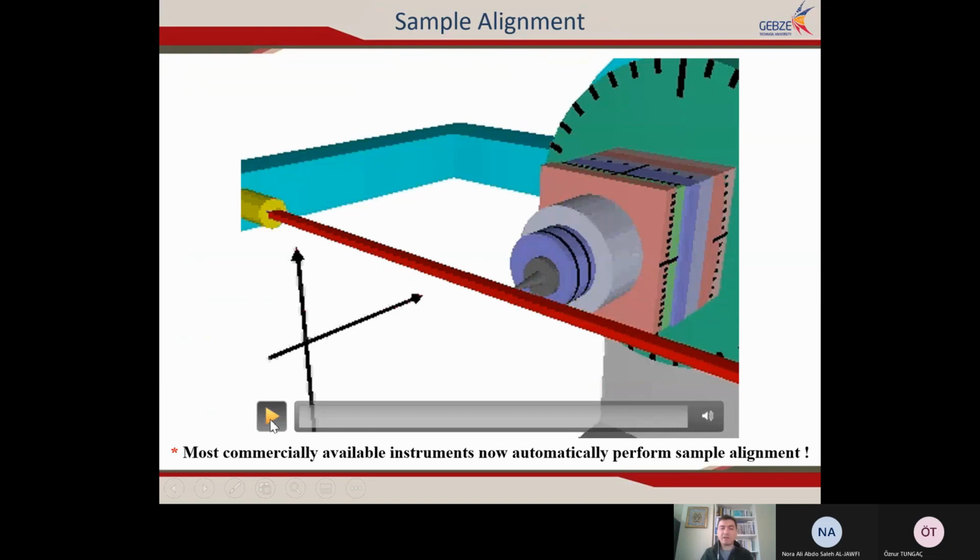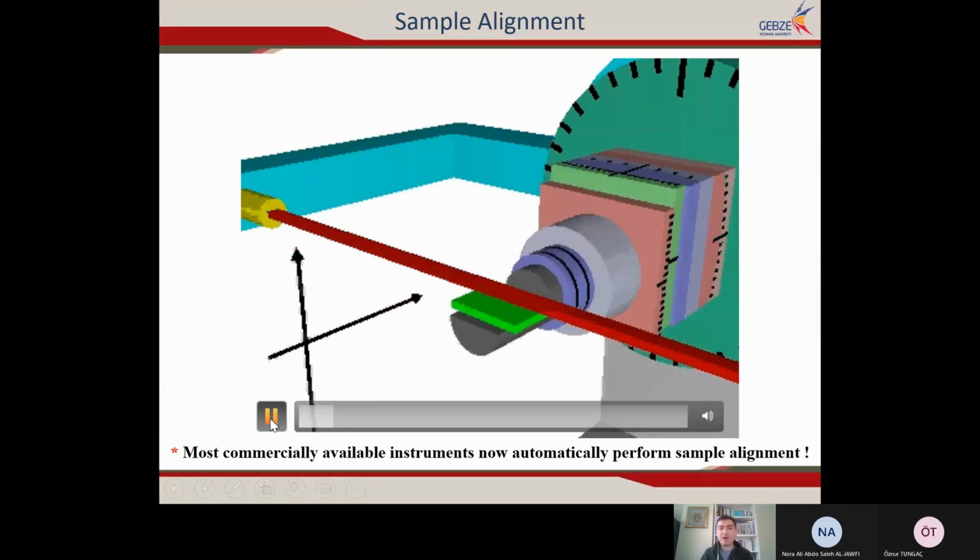Now look at the animation. Now the sample is out. We don't have the sample in the system, and this beam comes from the X-ray source and goes directly to the detector here. I don't know whether the position of the detector is correct or not, so I will carry out a detector scan.